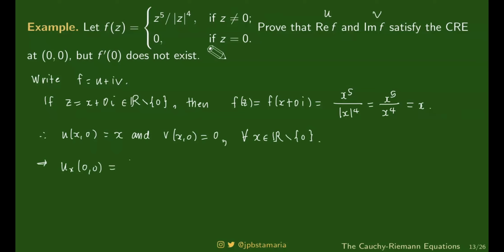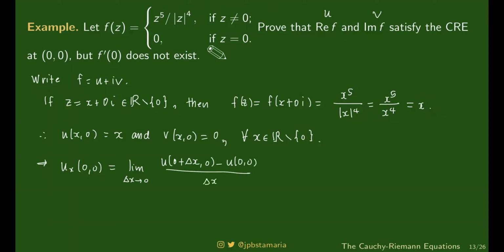By definition, we take the limit as delta x approaches 0. What is the definition? It is u of 0 plus delta x, comma 0, minus u of 0, 0, divided by delta x.